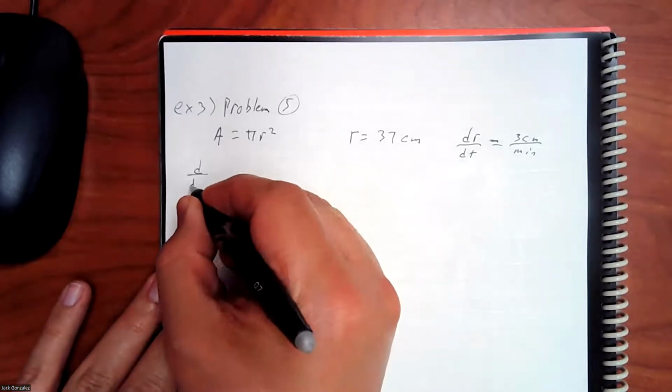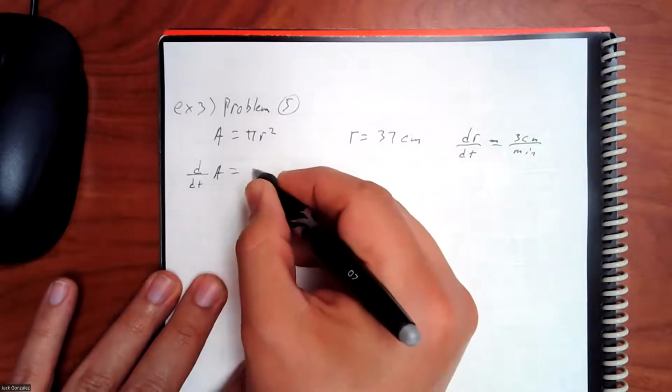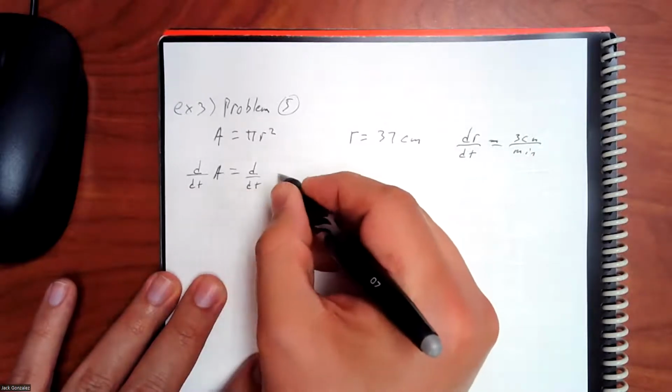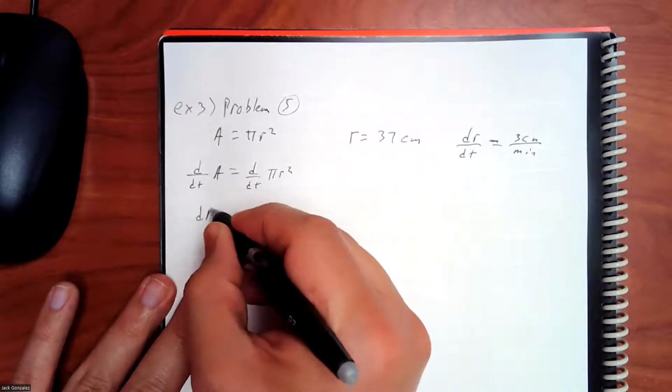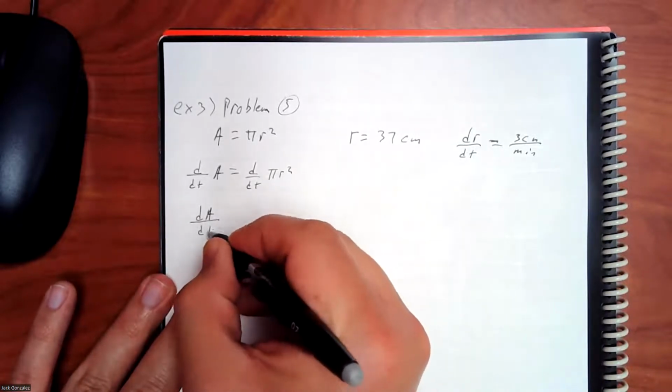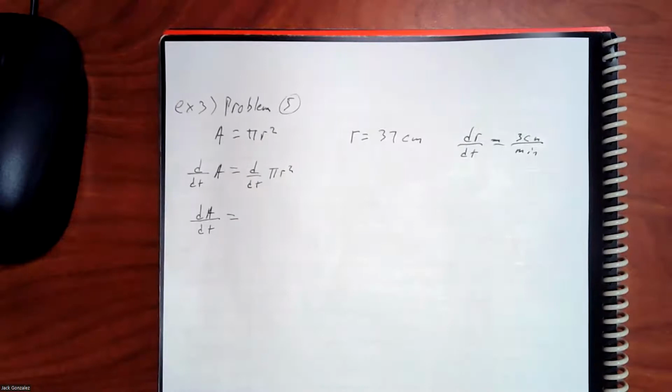d/dt of both sides. So this guy would become dA/dt. No big deal. What would be the derivative of the right side with respect to time? Two pi r.